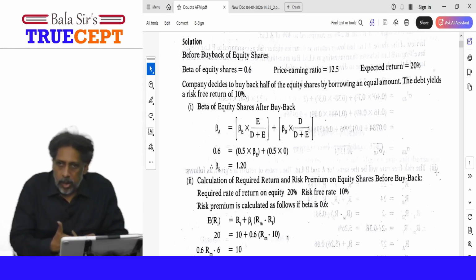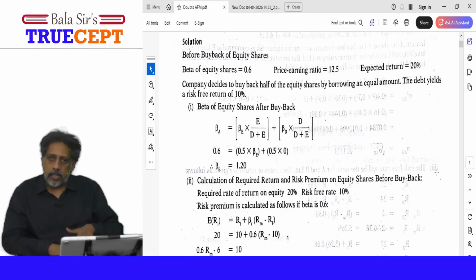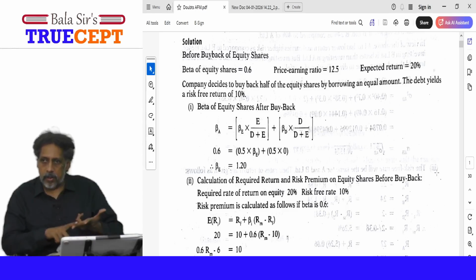They live in a no tax world, not an issue. Now we know the beta asset, which is nothing but the beta equity given for the unlevered firm, of 0.6. That equals beta equity, which we don't know, times the equity weight. Equity and debt are going to be half, equal, 50%.